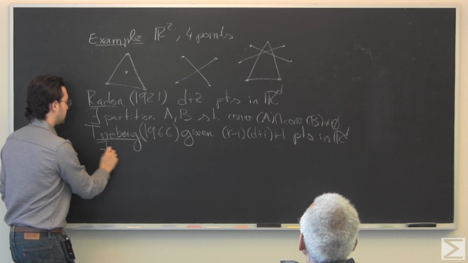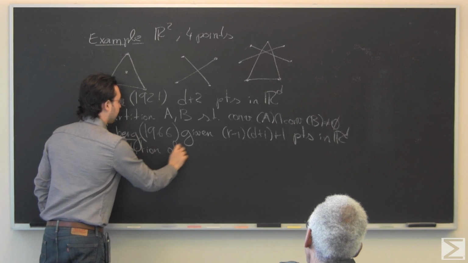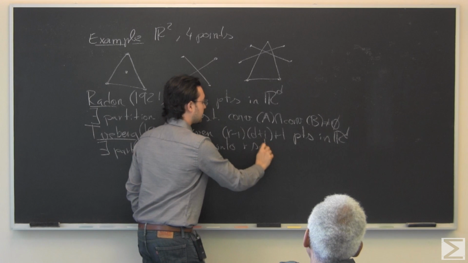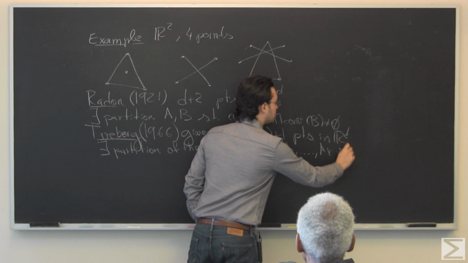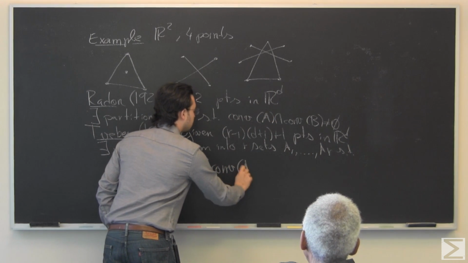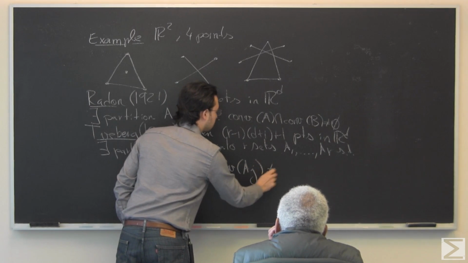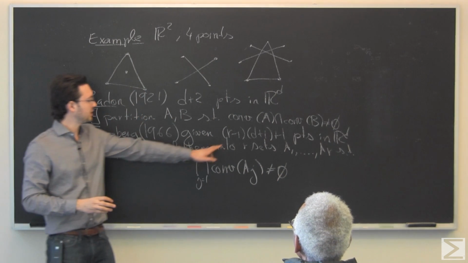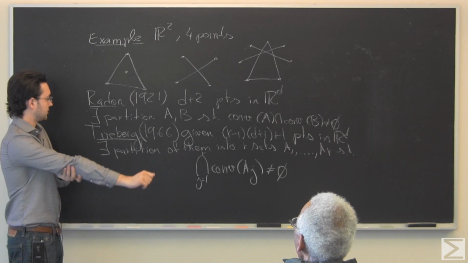Okay, so there is a partition of them into r sets A_1 up to A_r, such that the intersection of the convex hulls of the A_j's is not empty.